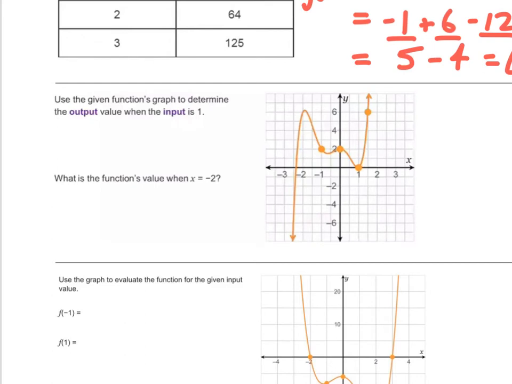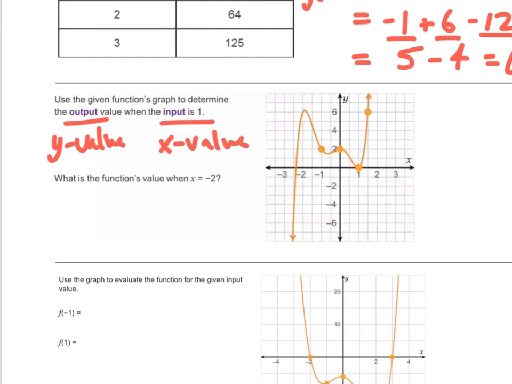It says use the given function's graph to determine the output value when the input is 1. Again, output means y value. Input means x value. So I have this function, and it's asking me, the x value is 1. What is the y value?